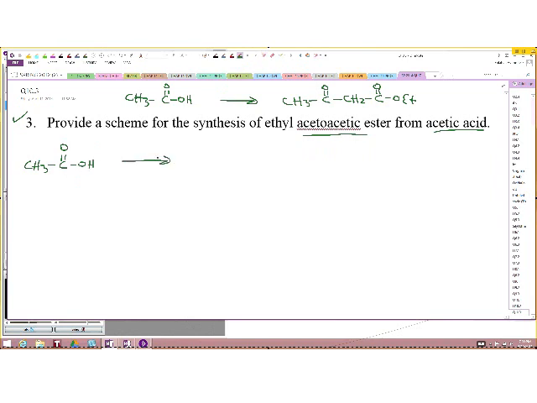And what reagent do we need for that? Ethanol and sulfuric acid. Okay, any acid will do. Ethanol and let's say sulfuric acid. And that will give you the ester, and this is what we call the Fischer esterification.